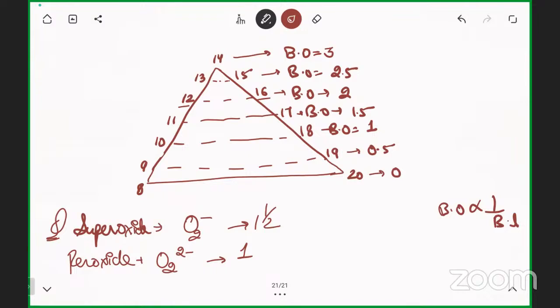O2 2 minus, sir. Superoxide or peroxide? Peroxide. Peroxide will have higher bond length. Am I right? Yes, sir.